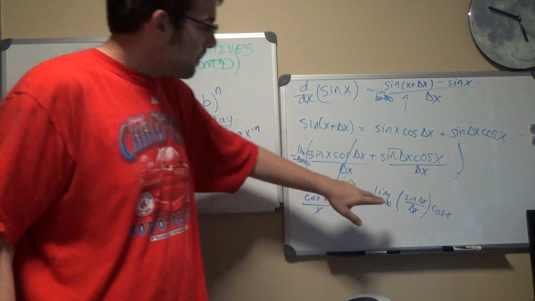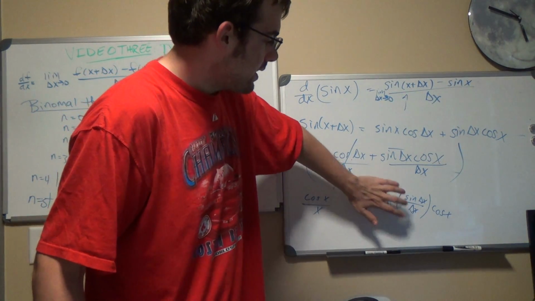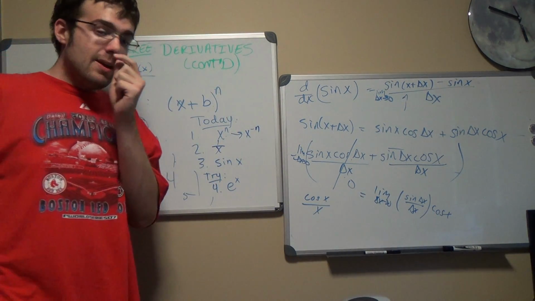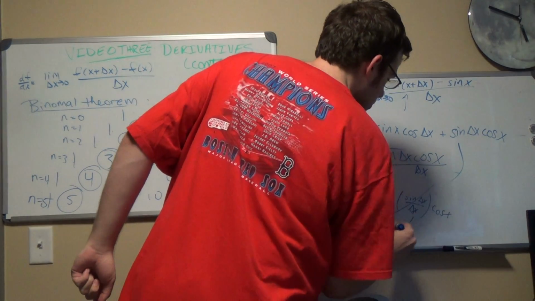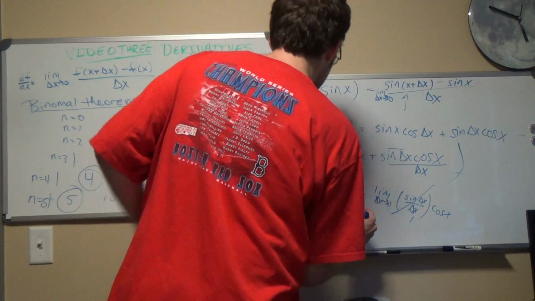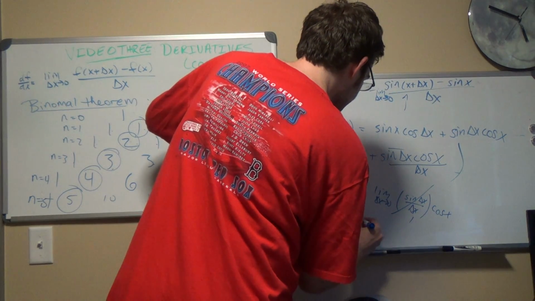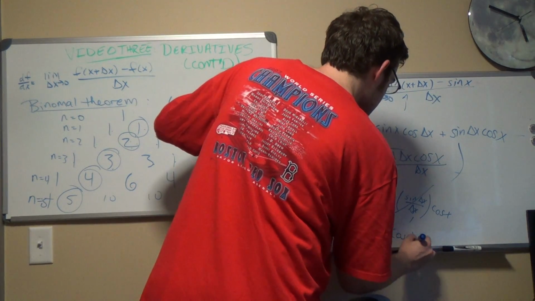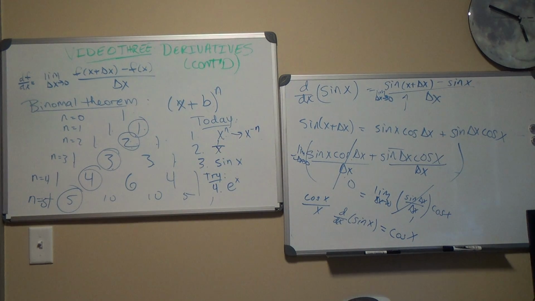Now if you can remember, from the squeeze rule that we talked about last time, sine of delta x divided by delta x, when delta x is approaching 0, that's 1. So this becomes 1, such that the derivative of sine of x equals cosine of x.